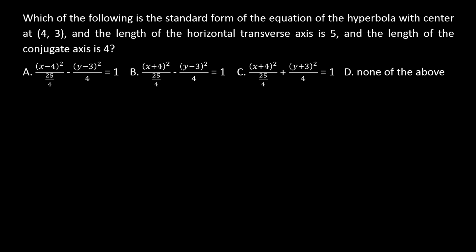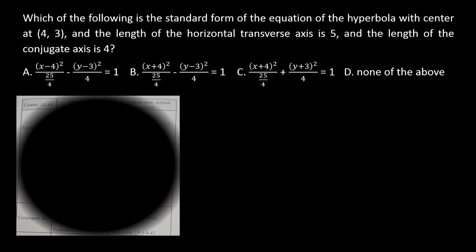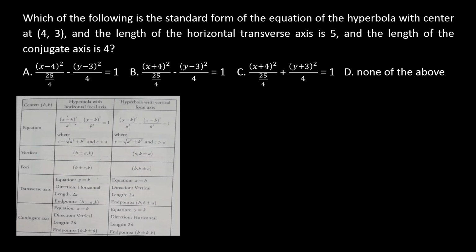We have these four choices. We will now proceed to the table of properties for the hyperbola. With center (4, 3), the transverse axis is horizontal.